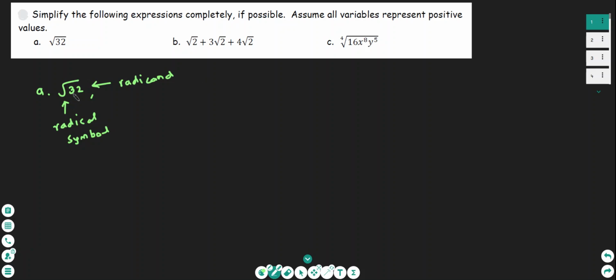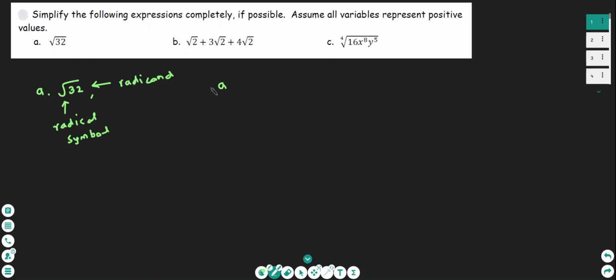And whenever we want to simplify a radical with square roots, we need to be writing the number inside as a product of two numbers where either of them is a perfect square number. Let's see how this works.